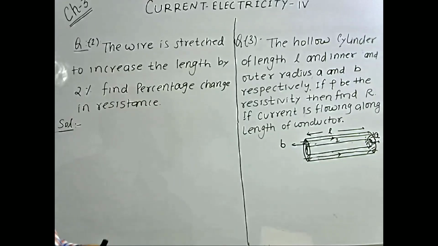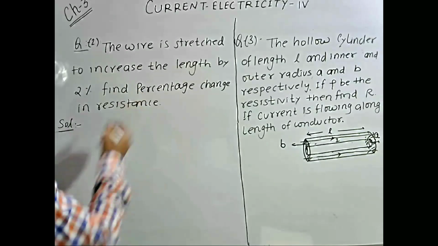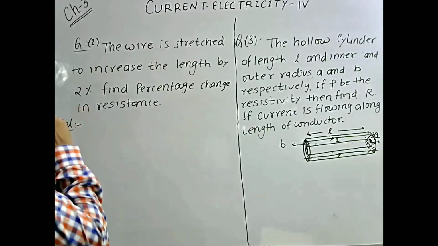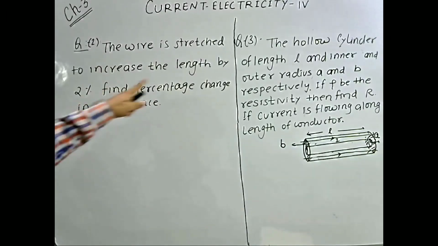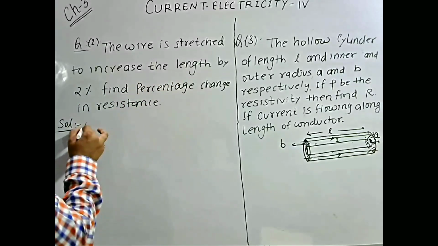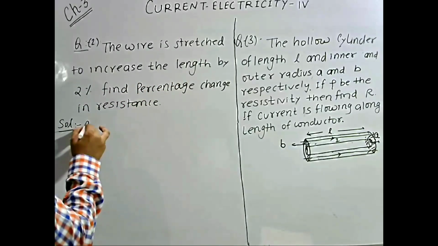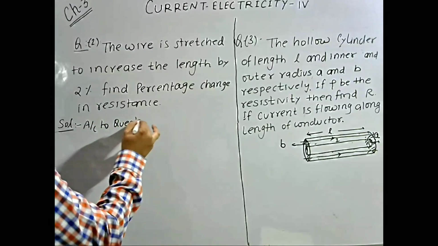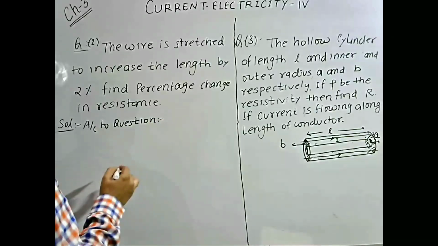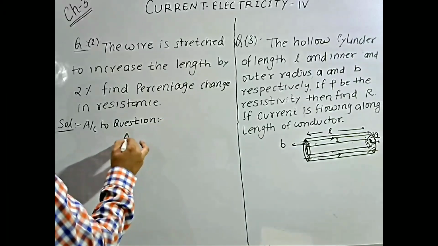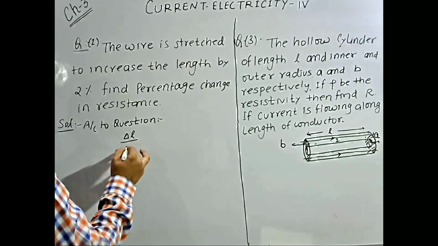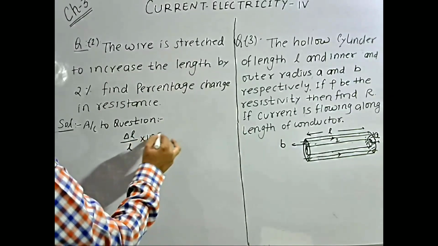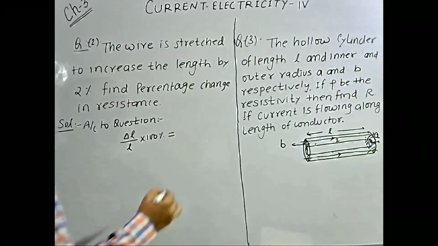Clear? So the percentage change in resistance is what we have to find, and the change in length is given. So according to the question, here it is given: percentage change in length means del L upon L into 100%, which is equal to 2%.